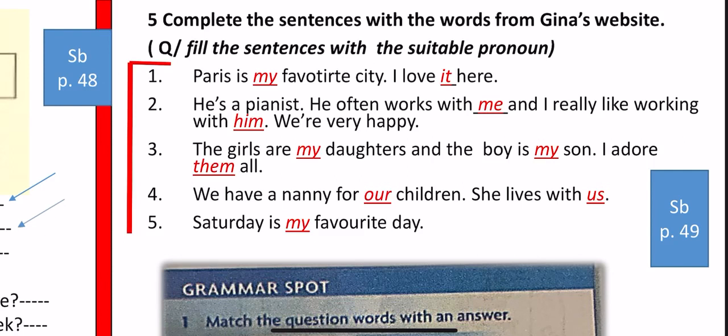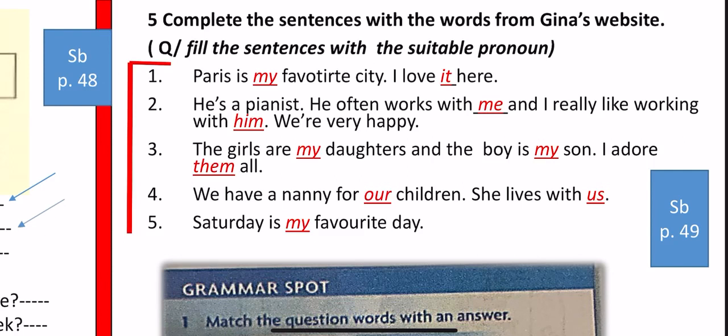I subject, love main verb, it object. Here it doesn't refer to the subject, يعني ما تشير للسبجكت. يعني مثل لما يقول I love it here يعني هو يقصد بها Paris. It refers to Paris. For example, if he says I'm a doctor, doctor is the complement of subject. But here in I love it, it refers to Paris, so it here is the object.